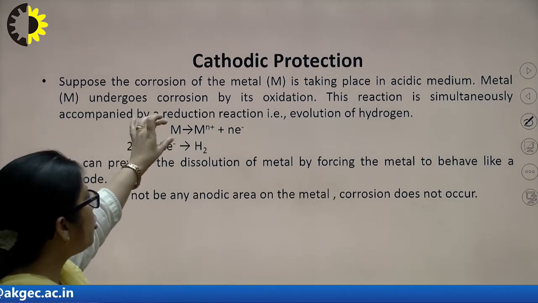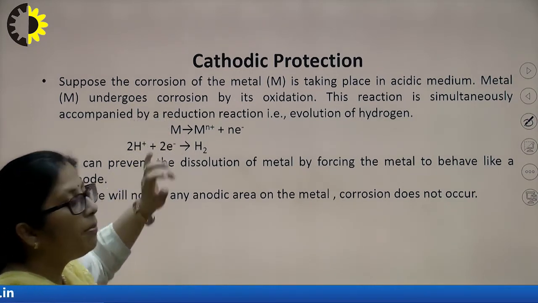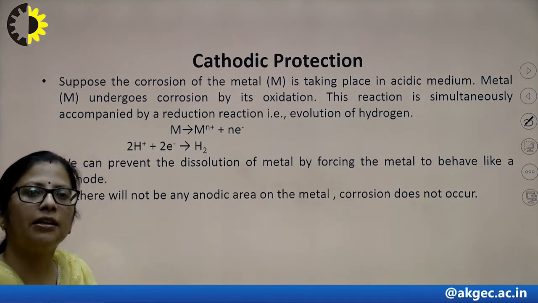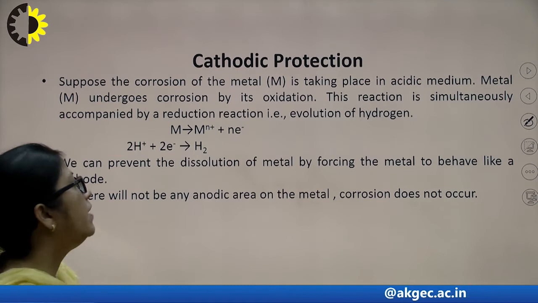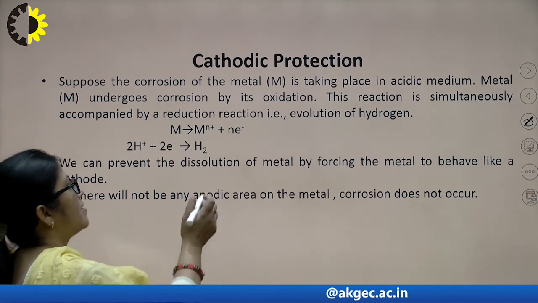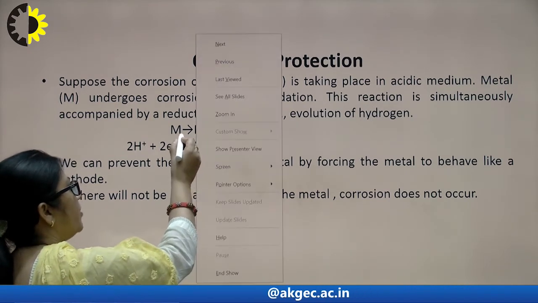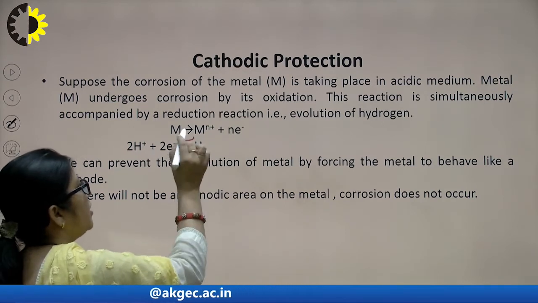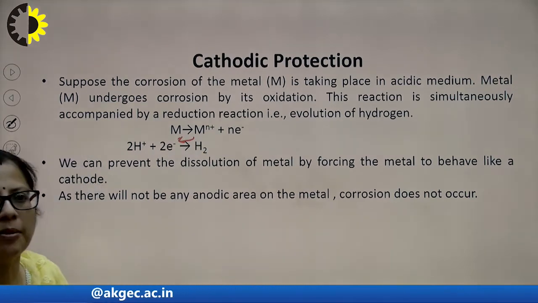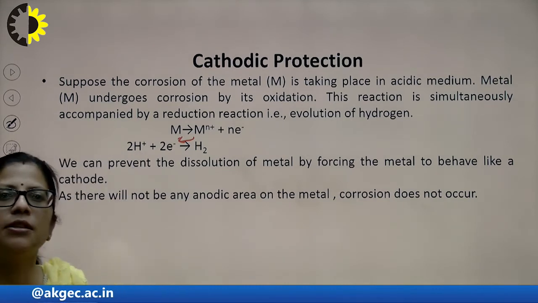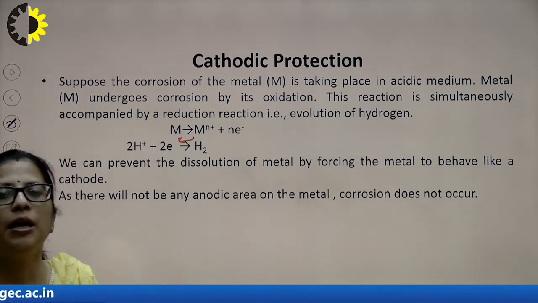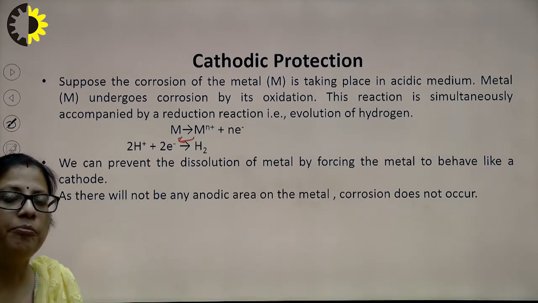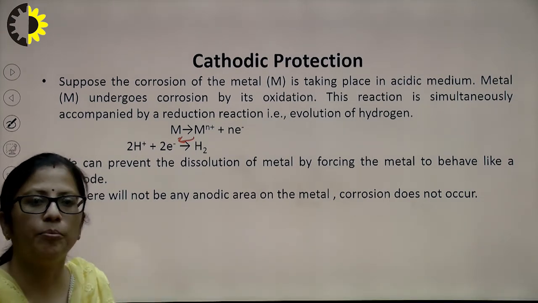Now, we can prevent the corrosion of this metal M by forcing this metal to behave like a cathode. That means if we can by any means reverse this reaction in the backward direction, that means the metal ions accept the electrons and get converted back into the metal itself, then this type of method is the cathodic protection.